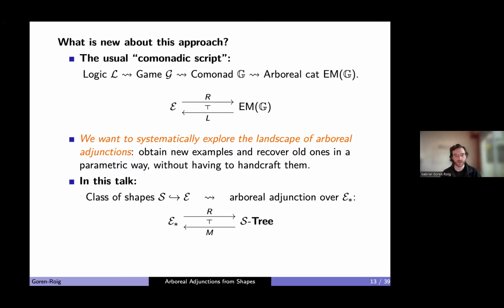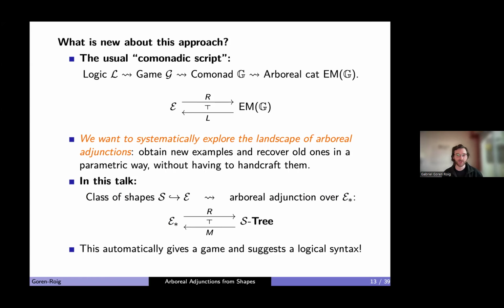We will start with a class of shapes, which has to satisfy some assumptions, and then from that class of shapes, we obtain an arboreal adjunction of the S-trees over the pointed objects, whatever those are. That is what's exciting about this.